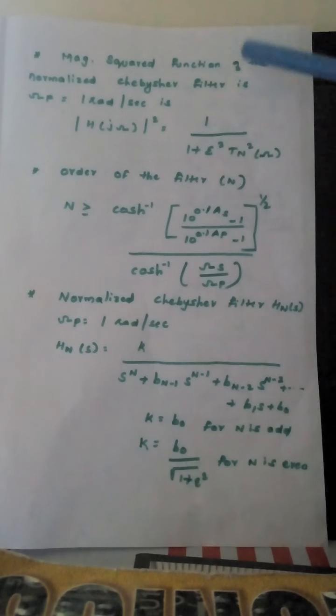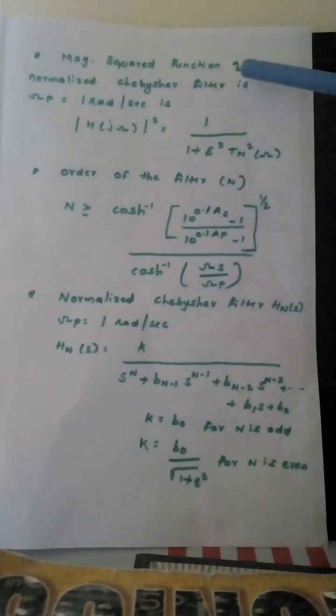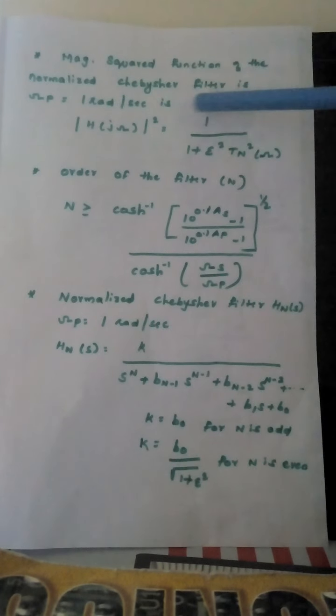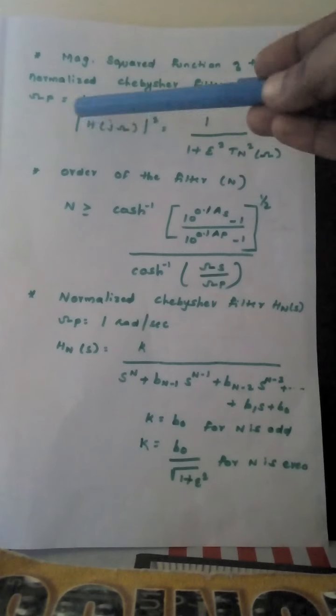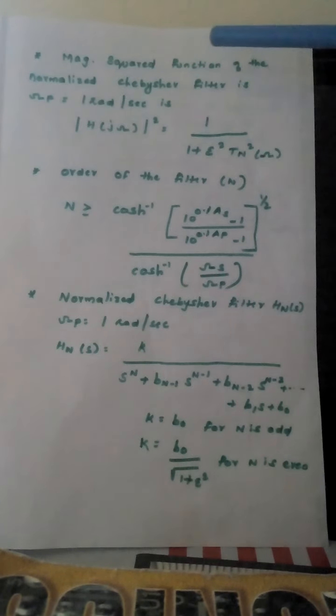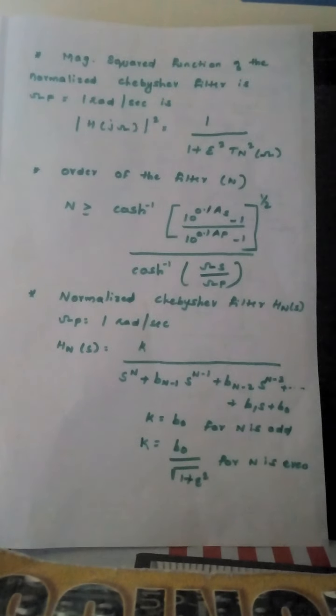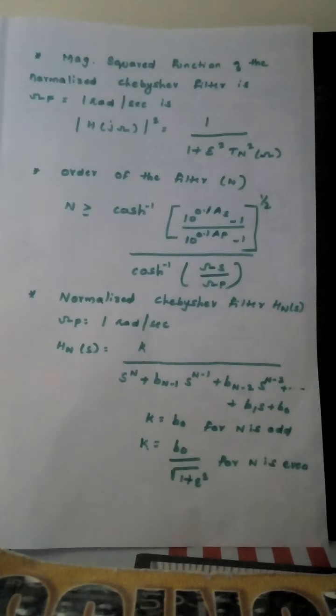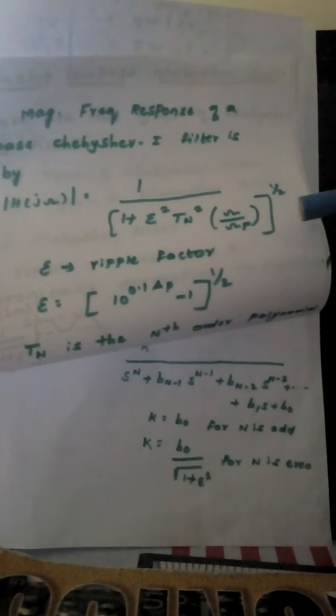So next we are finding out the squared magnitude function for the frequency response. For that we are considering the normalized Chebyshev filter, that is omega p will be 1 radian per second. Already we know the squared magnitude function: H of j omega will be equal to 1 divided by epsilon square Tn square of omega by omega p, the whole power of 1 by 2.